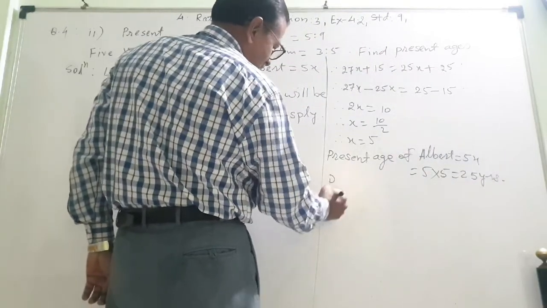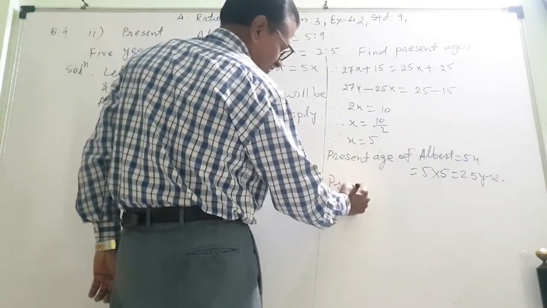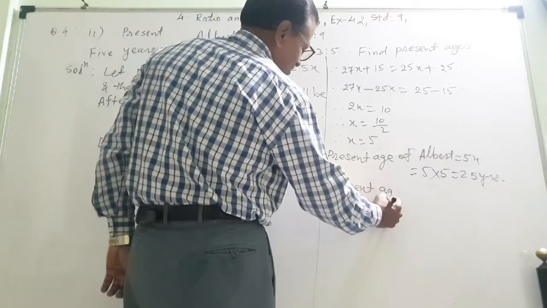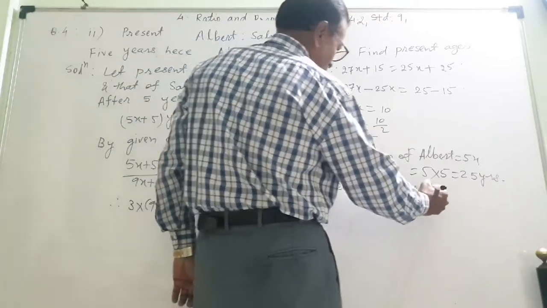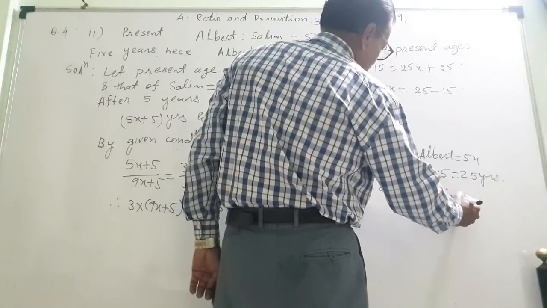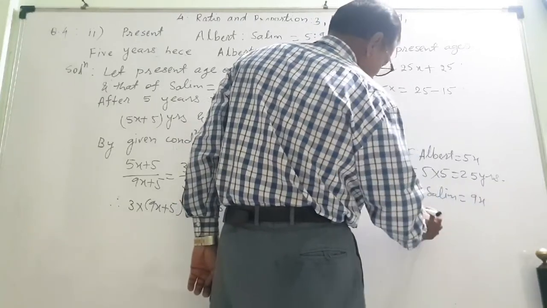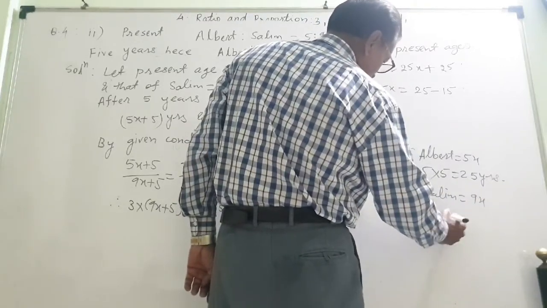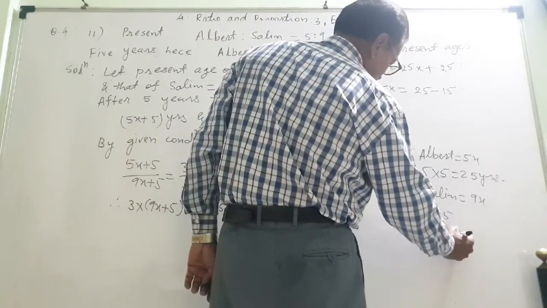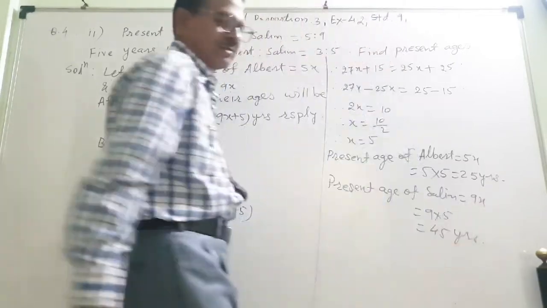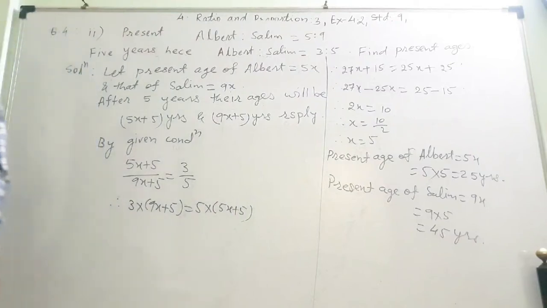Now present age of Salim is equal to 9x, which is 9 into 5, so that is equal to 45 years. And these are the answers. Hope that you have understood.